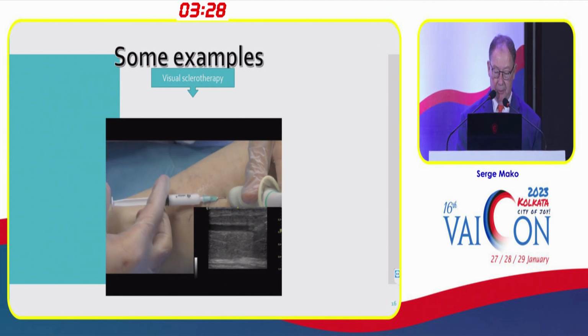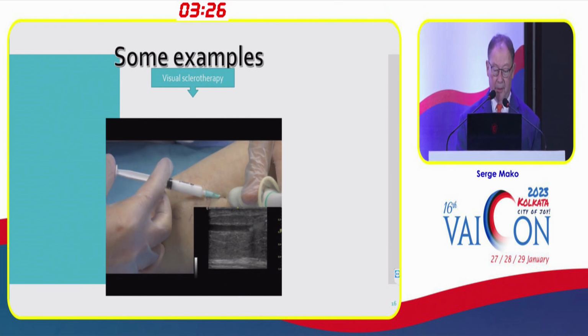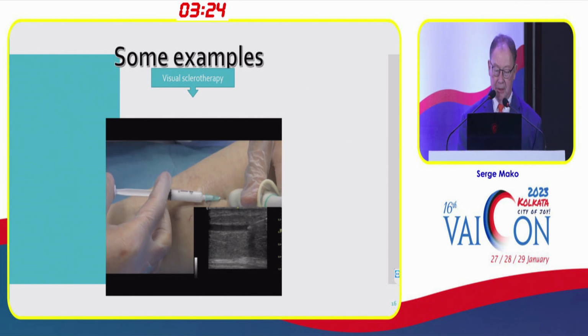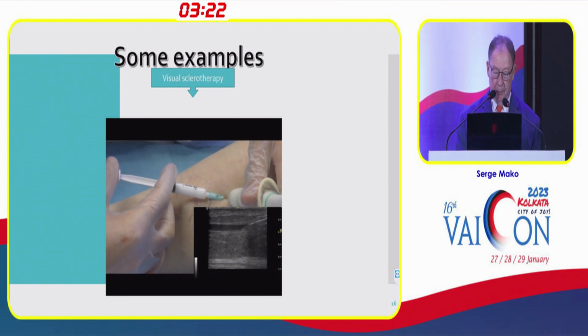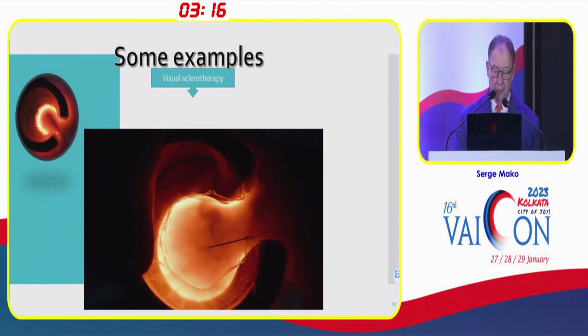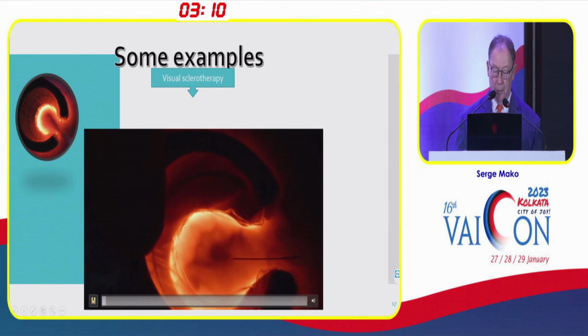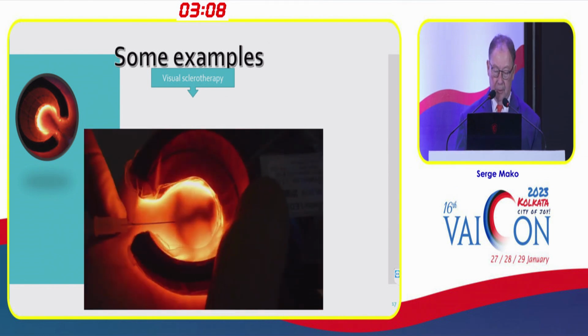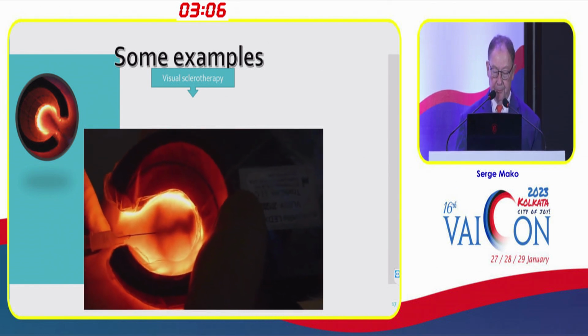You can see the needle. Well, you know that very well, but I think it's not so bad to remind some time. Now the second one with the night technique. I think you know it too. The idea is that you have a better view of the treatment.